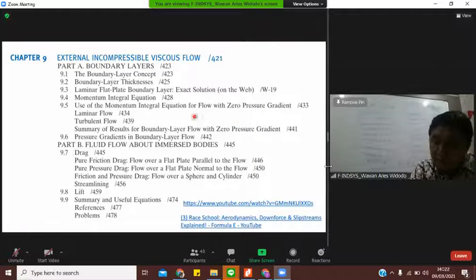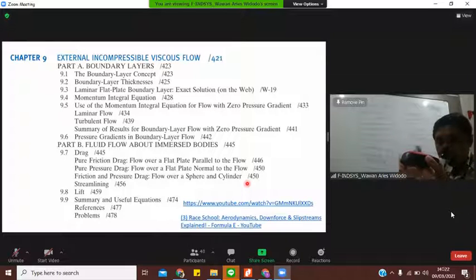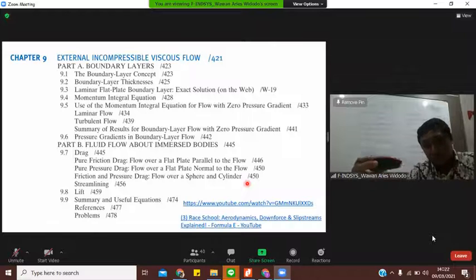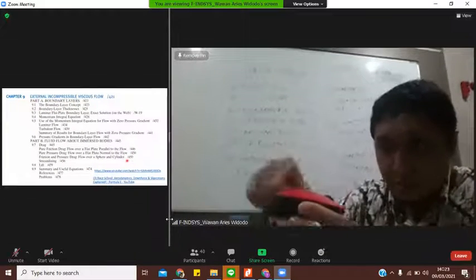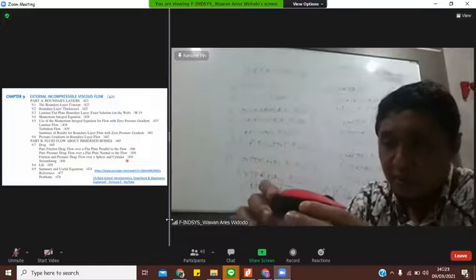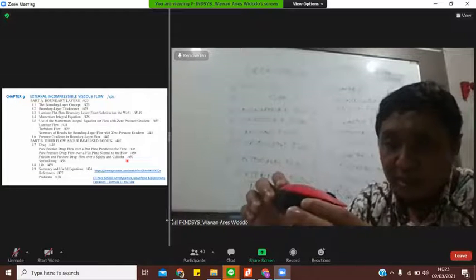If the flow goes through a shape like this one, you can see this is a curvature. If the shape of the body interacts with the flow here, it will create a pressure gradient.